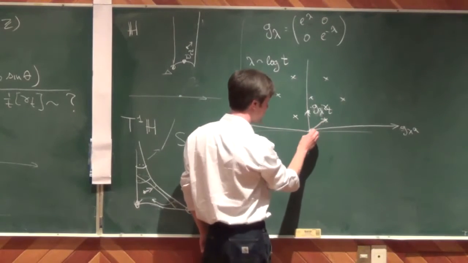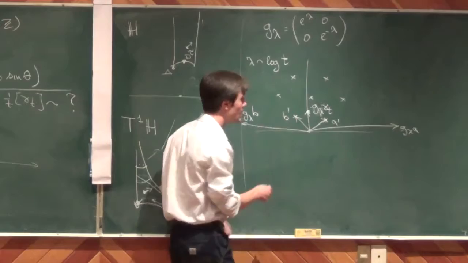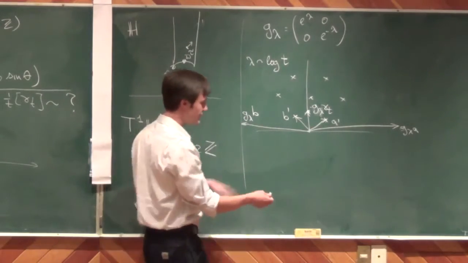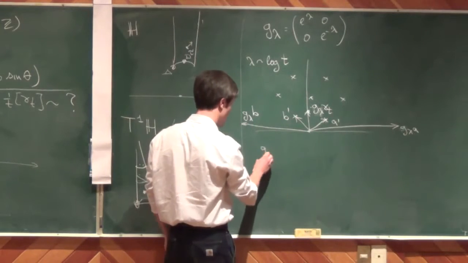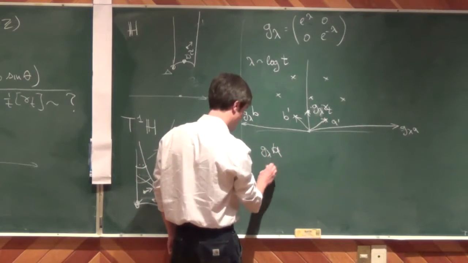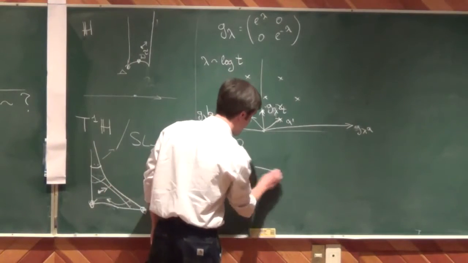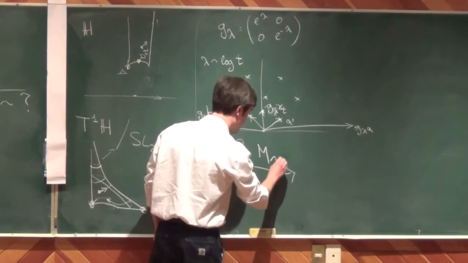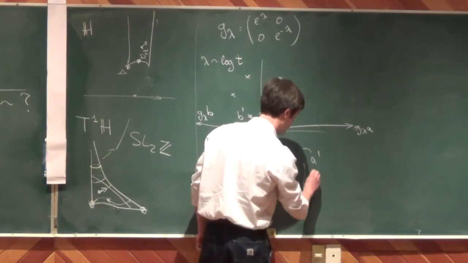So you can pick another basis. Let's call this A prime and B prime. And now what you have is a transition matrix. So you have this basis g_lambda of A and g_lambda of B, and you apply a transition matrix M_lambda, which brings you to this basis A prime, B prime.